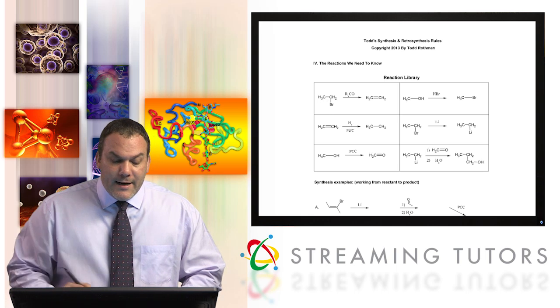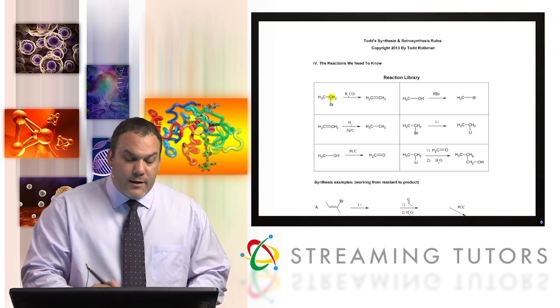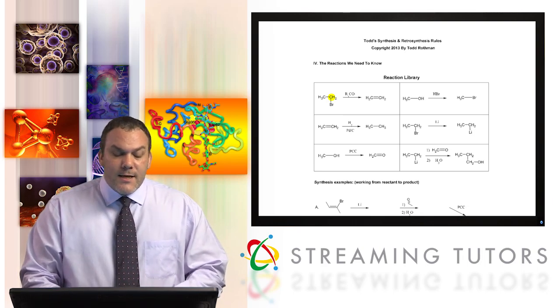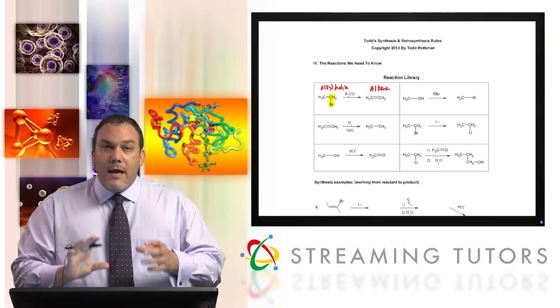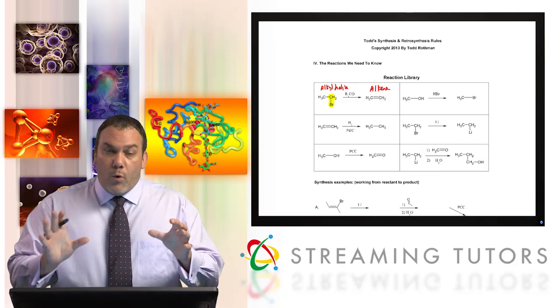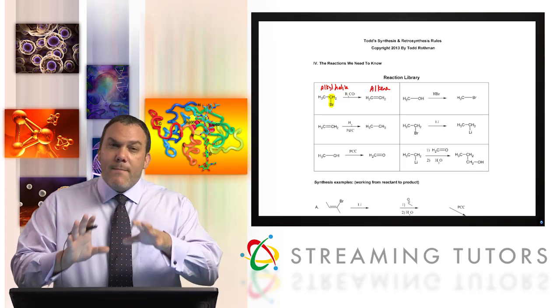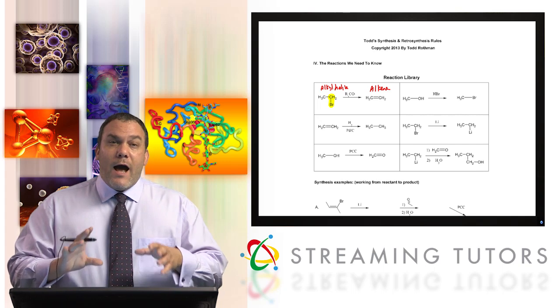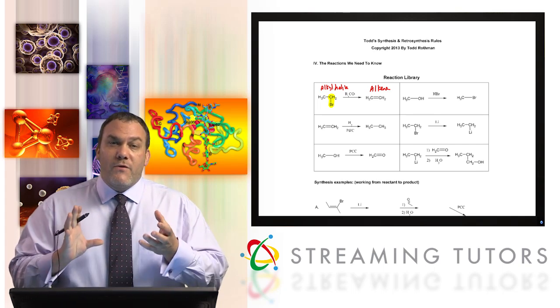What you want to look at is, number 1, the carbon that's changing in the reaction. So in this case, a carbon with a Br. This is an alkyl halide, and it's becoming an alkene. That's what this reaction is doing. Now, you have to realize that all reactions are changing functional groups. And remember, back in the chapter 2 video, I talked about the functional part of the molecule.